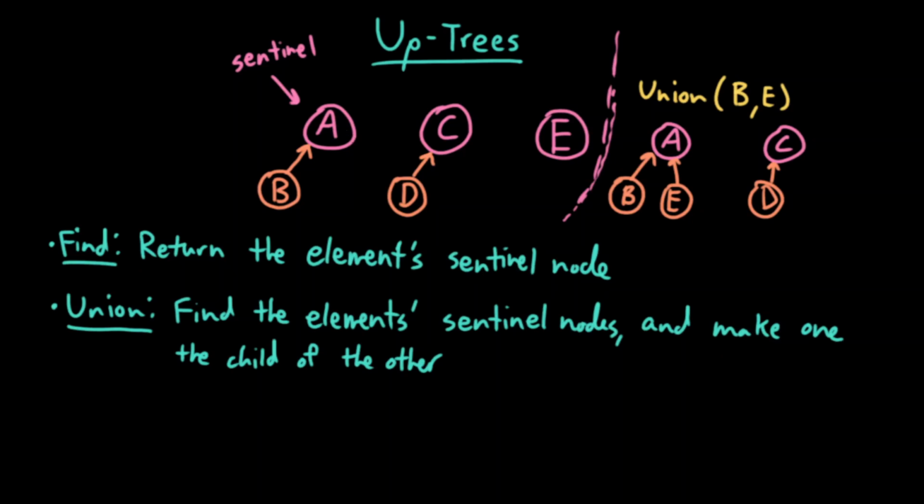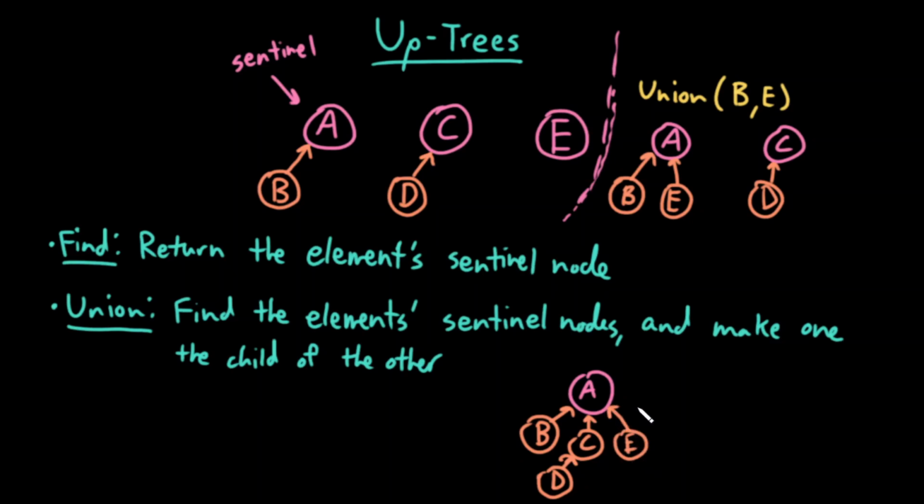For example, I could theoretically have an uptree where I have A, and then maybe I have B pointing to A, so B is a child of A. I could have C also pointing to A, I could maybe have D still point to C. So D's parent is still C, and then maybe E is also pointing to A.